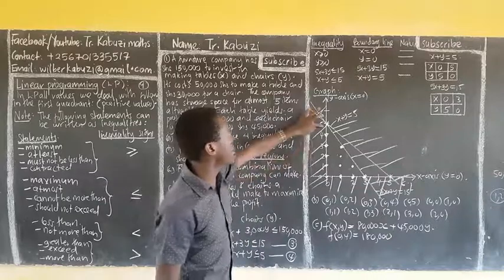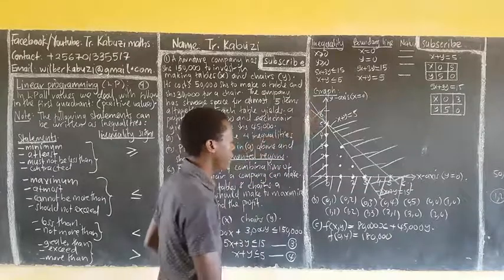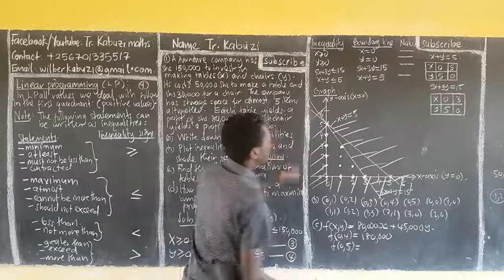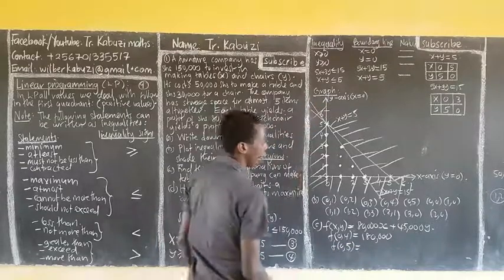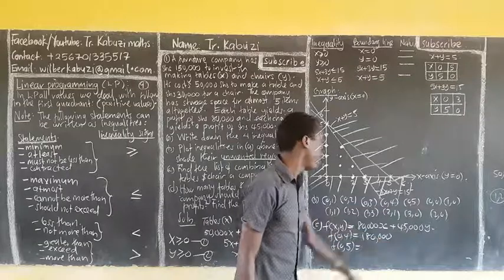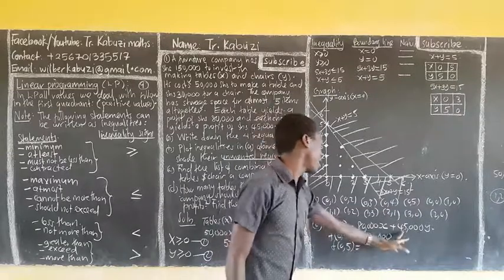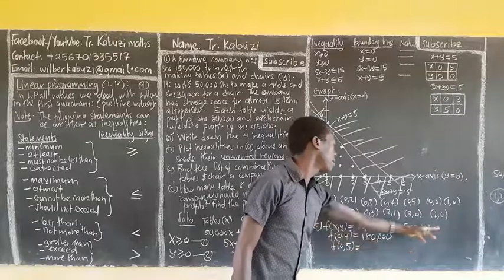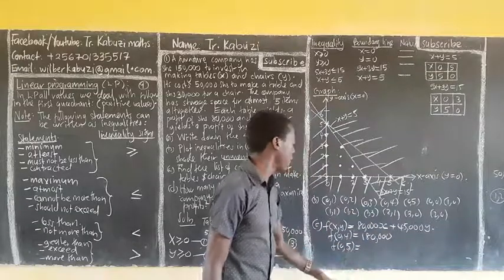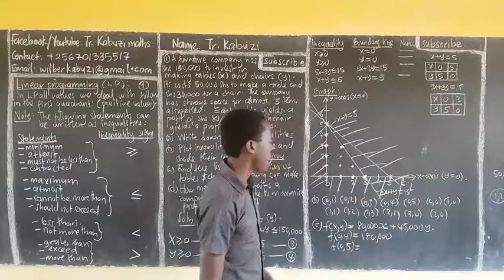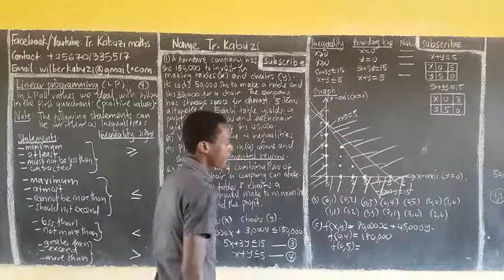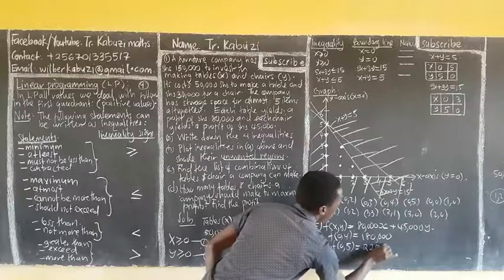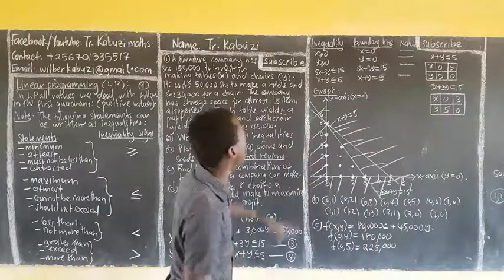Now, I can also test for 0, 5. See that? X is 0, Y is 5. 45,000 times now Y is 5. I think the value we get there is 225,000.